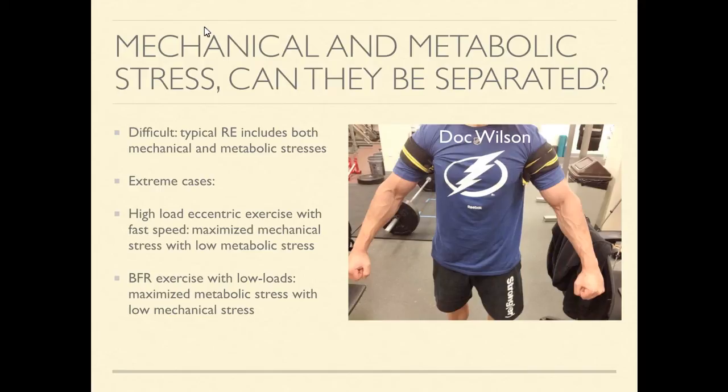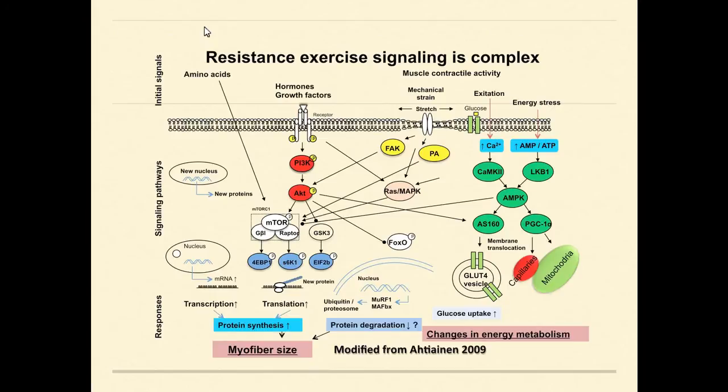Also, we can have blood flow restriction exercise with low loads, where you have maximal metabolic stress with low mechanical stress. As we talked about before, resistance exercise itself is a very complex process as far as the metabolic changes that occur.